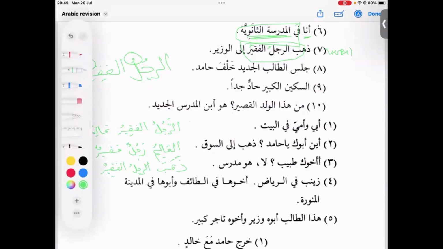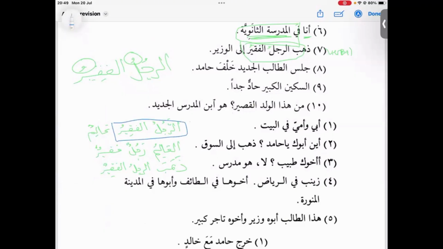Let's go through those examples quickly. So yeah, الرجل الفقير, the poor man, is the mubtada. And عالم is the khabar. The poor man is a scholar. The second example, العالم, the scholar, رجل فقير, is a poor man. Yeah, رجل فقير is the khabar. In the third example, ذهب الرجل الفقير, the poor man left. The الرجل الفقير is the fa'il in the verbal sentence.